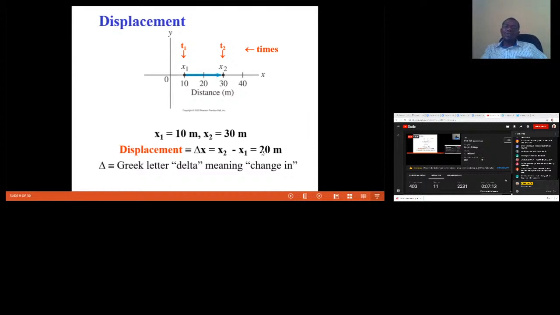Now this 20 meters, as you can see, is a positive number. So what does it mean? It means that the displacement is to the right. So in short, this object has made a displacement of 20 meters to the right. Why are we saying to the right? Because the number is positive.